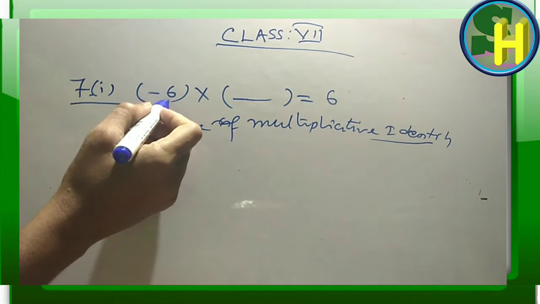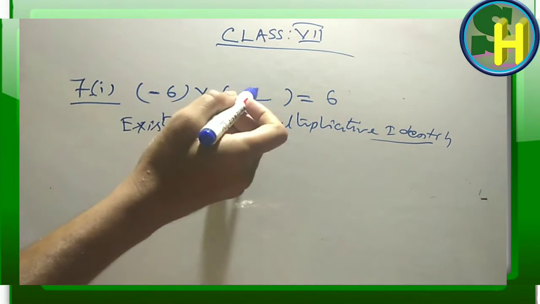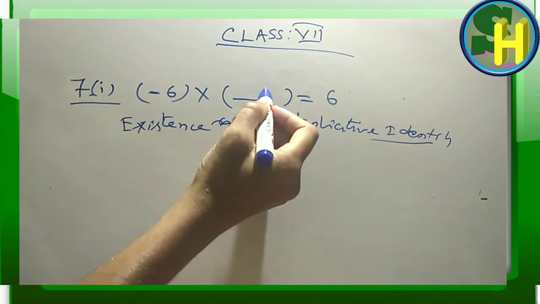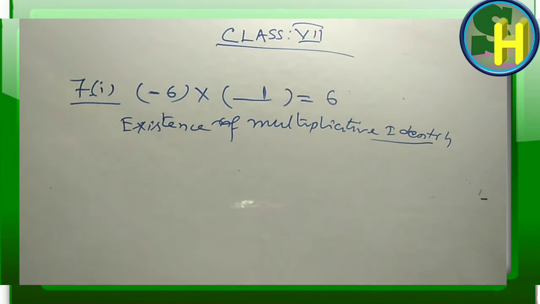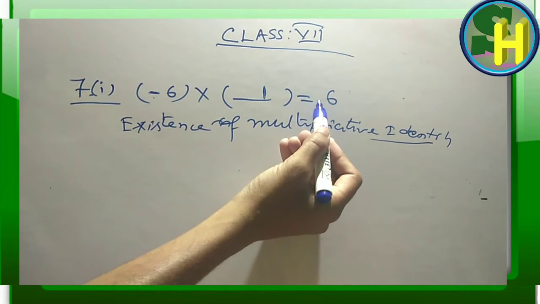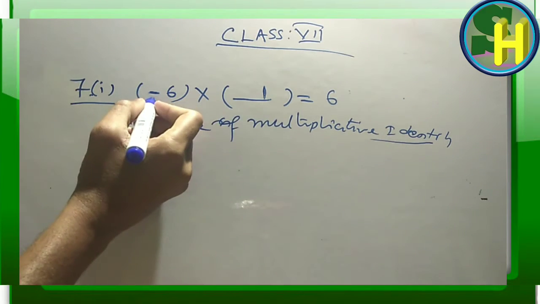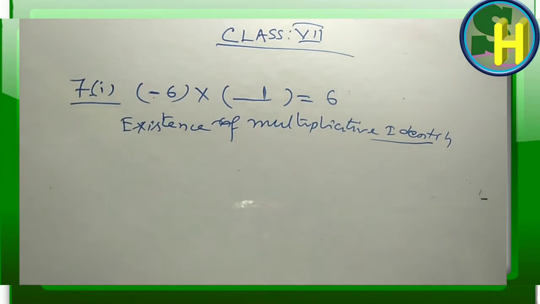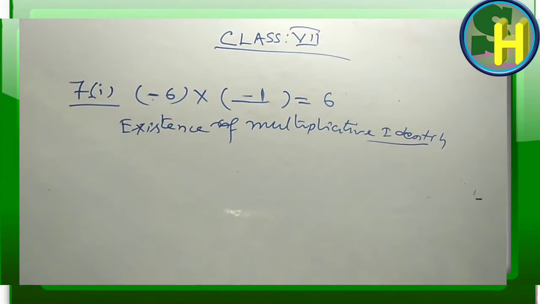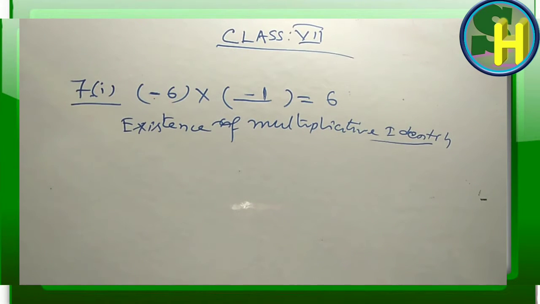I am getting 6 by multiplying -6 with some number. So this will be 1. And look here, my sign has changed. Here minus, here plus. So there will be the opposite sign. It is possible when this is -1. This is existence of multiplicative identity.